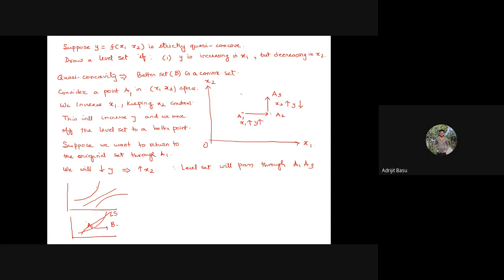No, sorry sir, this one can't be it. It's the right one. Okay, now let us just check this once. So this is the better set. Now is it convex? It is a convex set. Right.